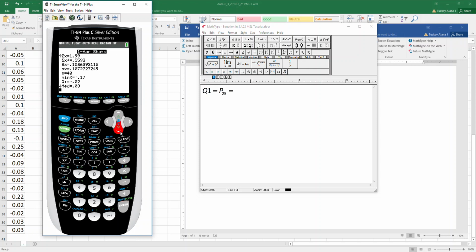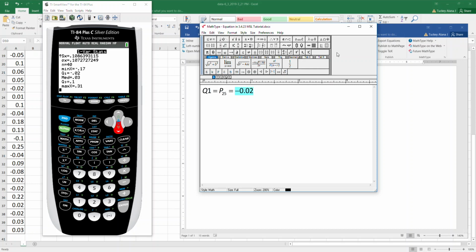And then as I scroll down, you can see there are little arrows. That means there's more to see. So I scroll down, I can see the minimum, that's the lowest number. That's the first number of the 5-number summary. There's Q1, which is negative 0.02.